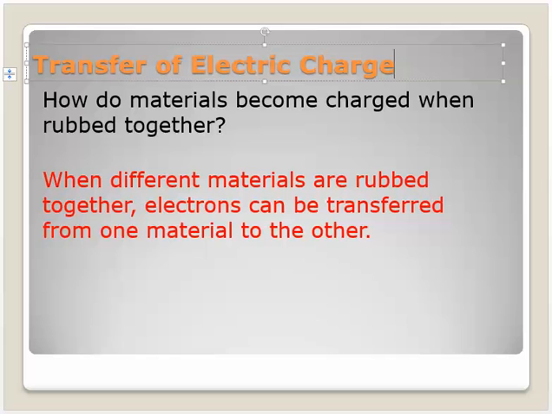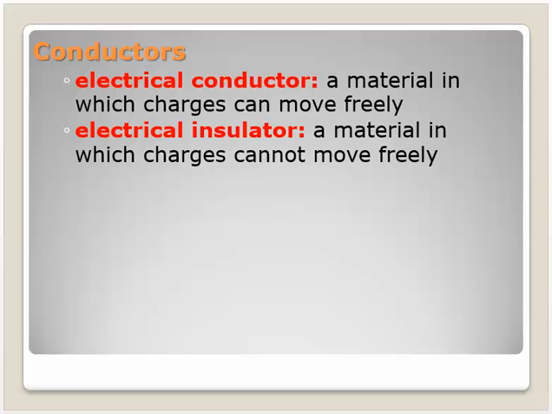Transfer of electric charge. How do materials become charged when rubbed together? When different materials are rubbed together, electrons can be transferred from one material to the other. Conductors. An electrical conductor is a material in which charges can move freely. An electrical insulator is a material in which charges cannot move freely. And this goes right back to the same thing we had for heat.